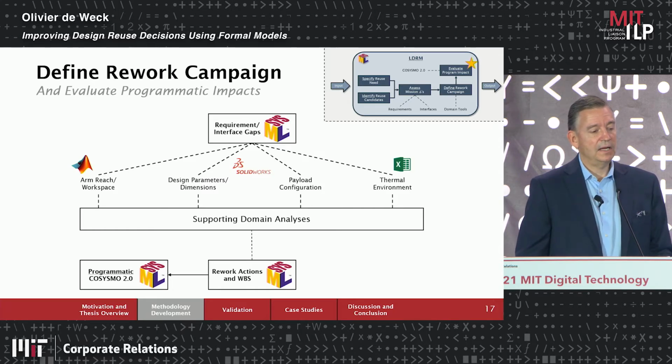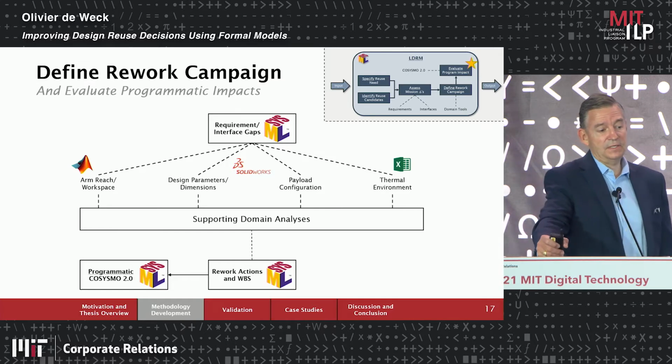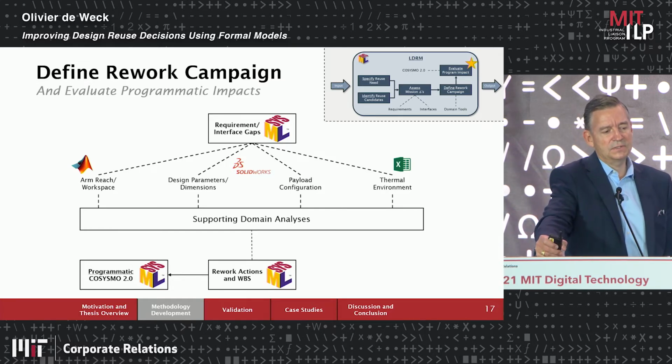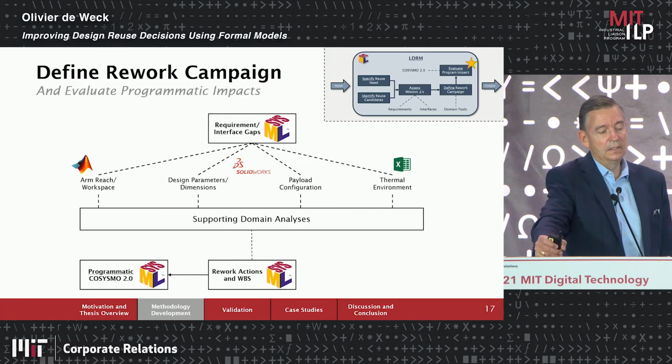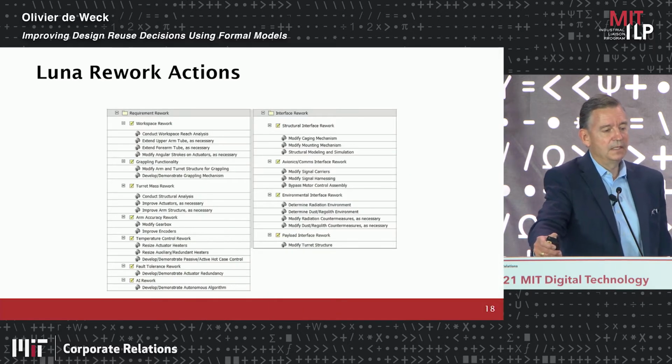And there's a tool out there called COSYSMO. It was developed at the University of Southern California at USC. And it's a pretty widely used tool in industry for estimating how much system engineering effort is required. So we put this through it to estimate rework effort.